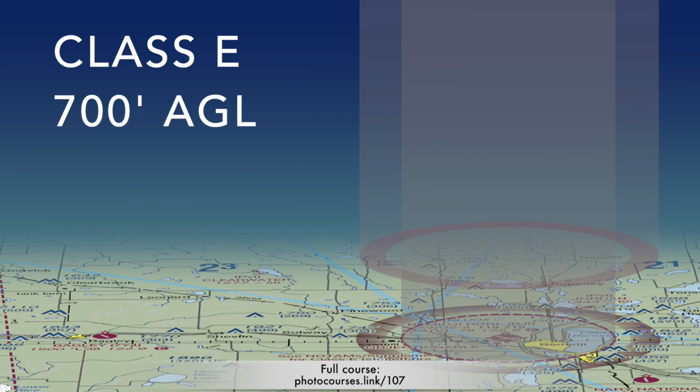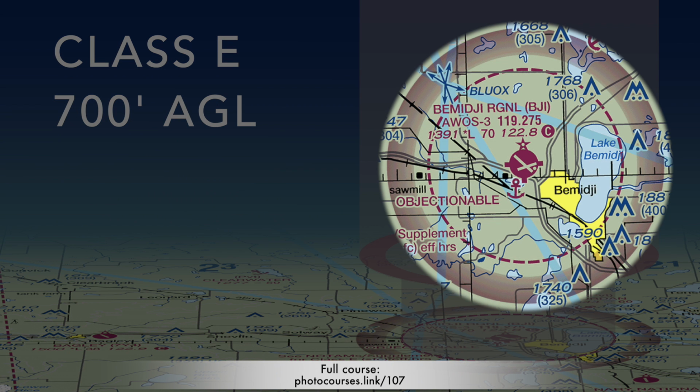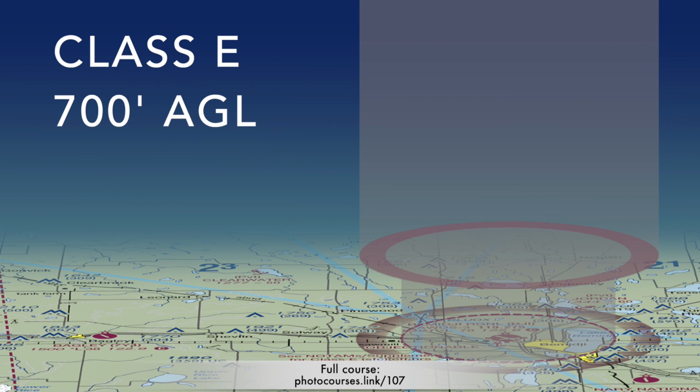The next type of Class E airspace that we're going to talk about is Class E controlled airspace that starts at 700 feet above the ground, or AGL, and extends upward. This type of airspace is indicated on the charts by a thick shaded magenta line, and you're going to find this all over the United States, surrounding nearly all airports.